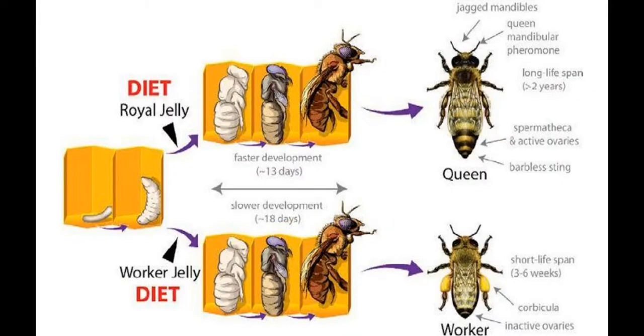As I said, the queen lives long, and a working bee lives 3 weeks, sometimes 4 weeks, 1 month. And a queen bee can live 6 years. So 6 times 12, it is more than 70 times longer than a working bee.